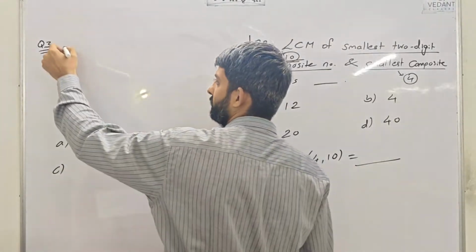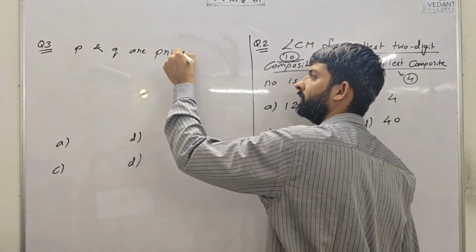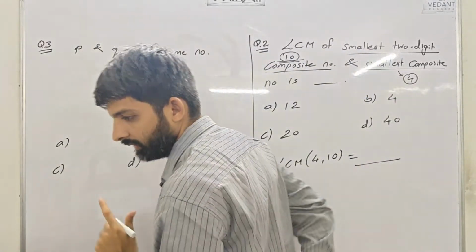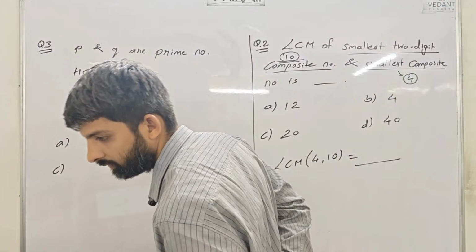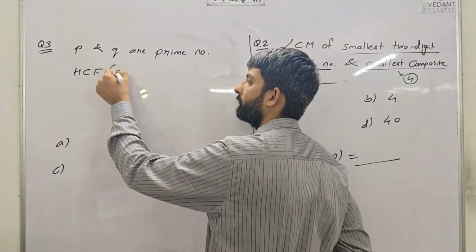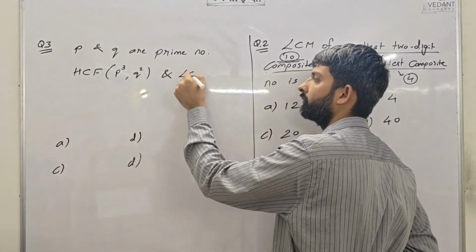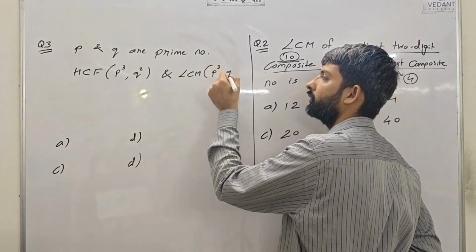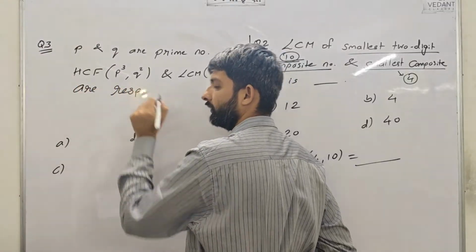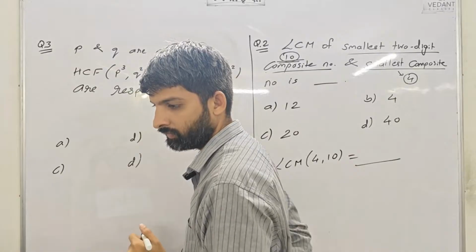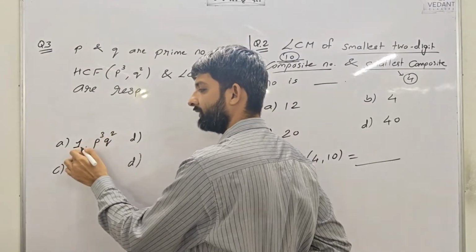P and Q are prime numbers. The HCF of P cube Q square and the LCM of P cube Q square are respectively: option A, 1 comma P cube Q square, this is HCF, this is LCM.